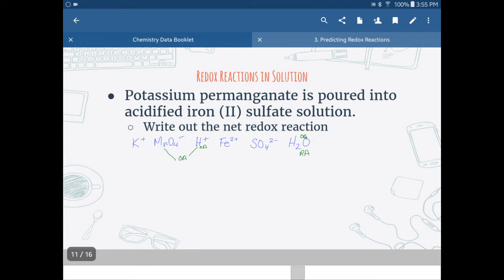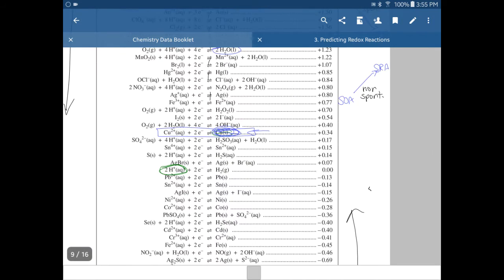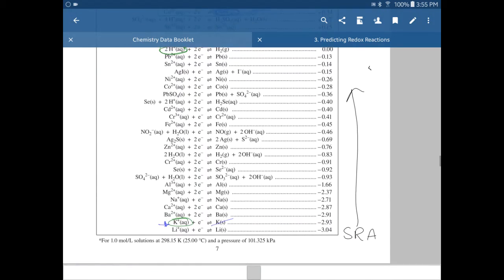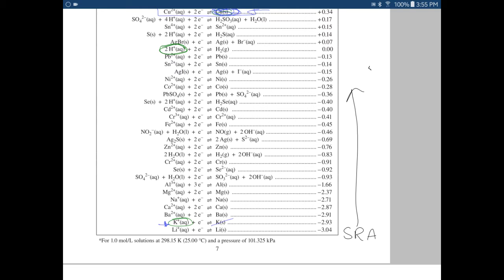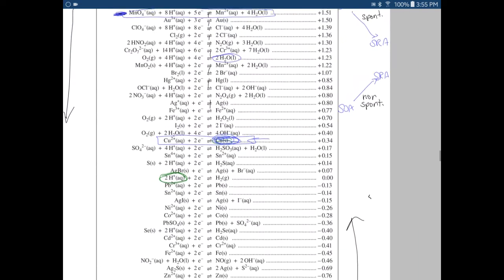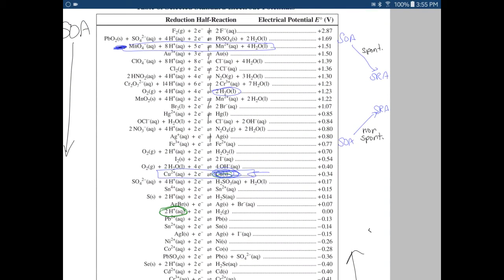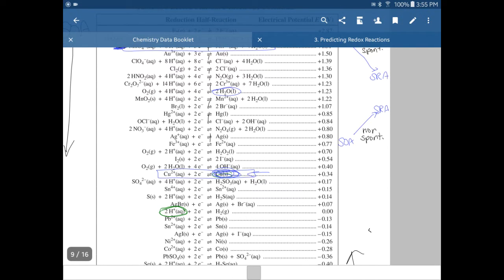So I have iron 2, sulfate, and potassium ions. So again, we have our potassium ions towards the bottom. They're a weak OA, so I can remember that. I have a weak OA. I have my sulfate and hydrogen here, which is an OA. So let's go back here.